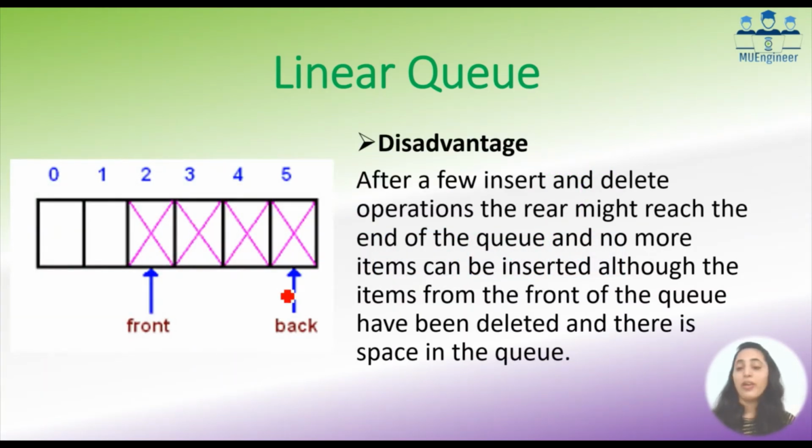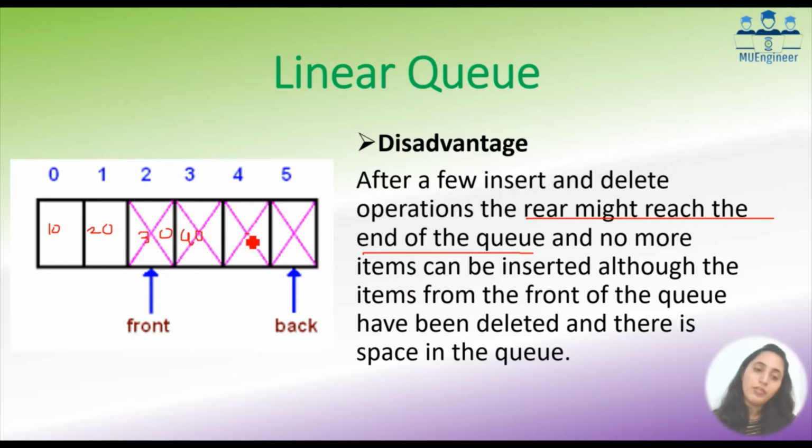Now, in a linear queue, I have a drawback. Let's understand that. After a few insert and delete operations, the rear might reach the end of the queue. Suppose I inserted 10, 20, 30, 40, 50, and then I put 60.